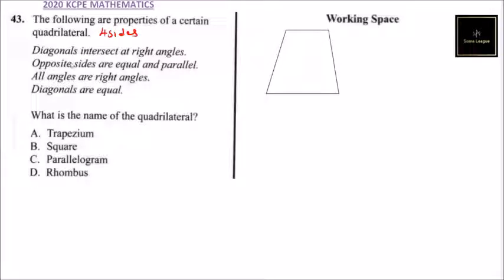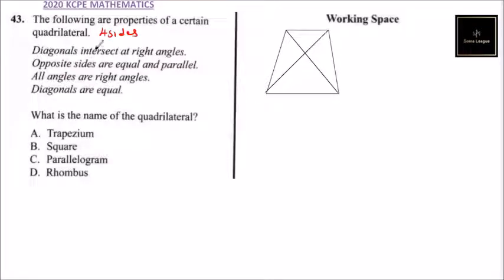And we can check whether the diagonals intersect at right angles. So if we draw the diagonals like that, you can see they don't make an angle of 90.